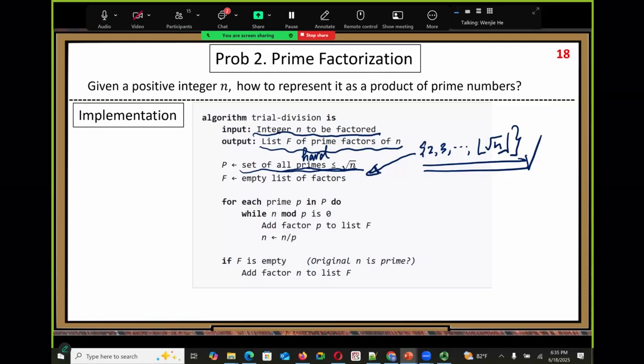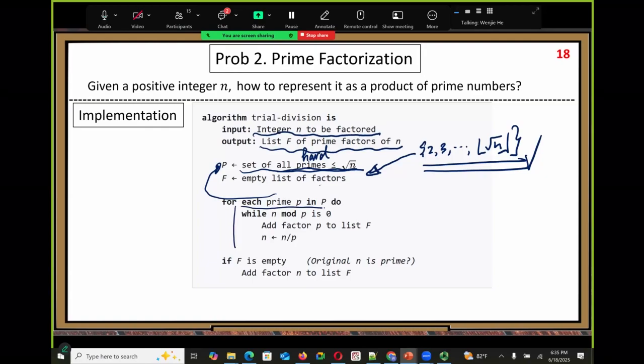Initialize the output list as an empty list of factors. Then, in the for loop, you go through all the little p's in this list. For the current p, there is an inner while loop.